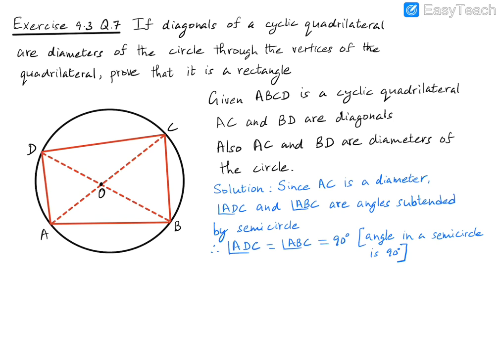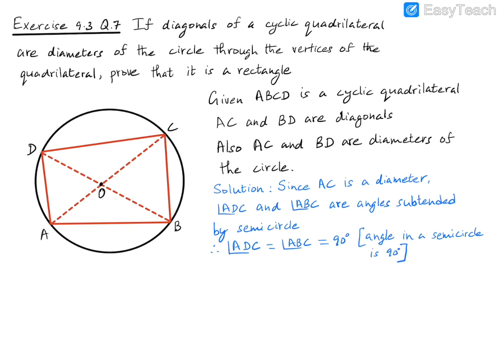So a quadrilateral is a rectangle when we show that it is a parallelogram wherein all the angles are 90 degrees. So basically we have to show that the quadrilateral ABCD is a parallelogram, and then we also have to show that it has all the angles equal to 90 degrees.